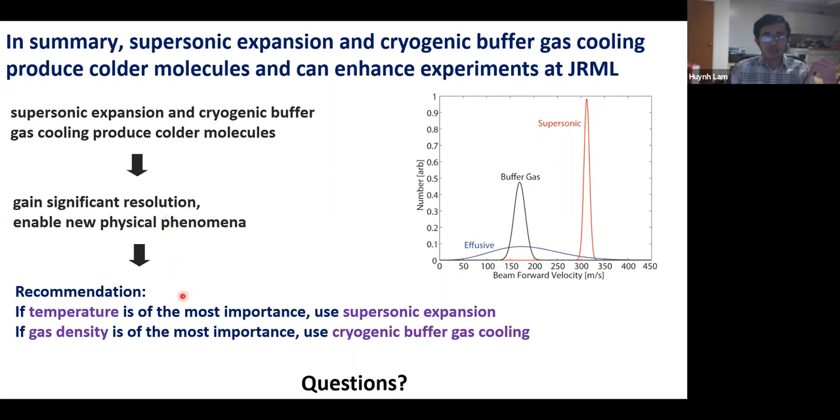And if the temperature is of the most importance, I recommend using the supersonic expansion. And if the gas density is of the most importance, then I recommend using the cryogenic buffer gas cooling. And okay, thank you for your attention, and I'll take any questions that you have.